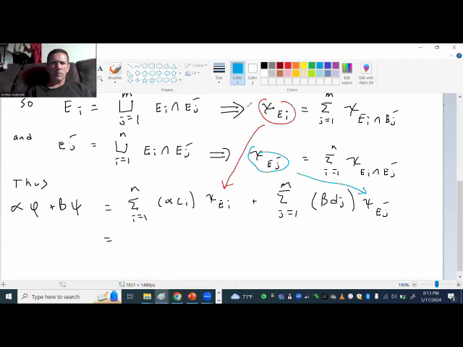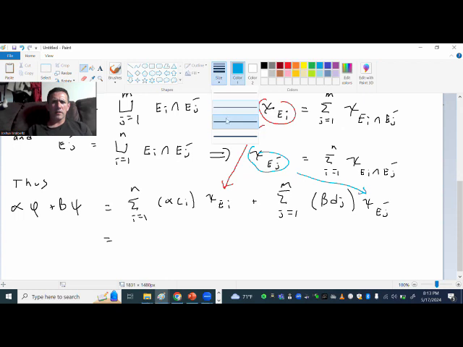So just write it out as a sum, and you'll notice we'll get the same kind of sum.